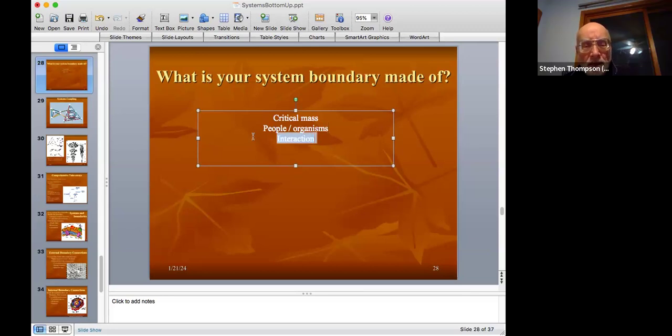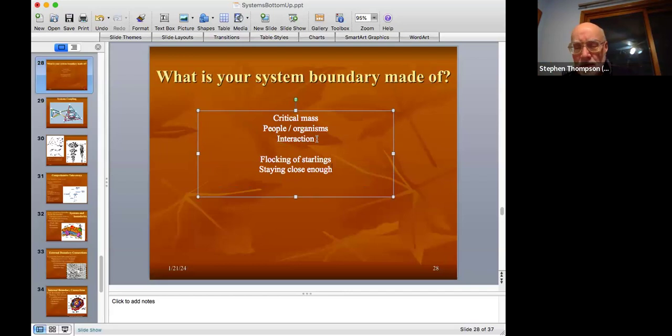Just a comment on Jeannie. There appears to be a system boundary with the flocking of starlings, when in fact none of the starlings consider the edge of the flock to be a boundary. They're just doing their individual behaviors, and collectively it looks like somebody's directing traffic, but nobody is. Along those lines, I was thinking there can be a physical boundary that prevents you from getting in and out, much like a cell membrane.